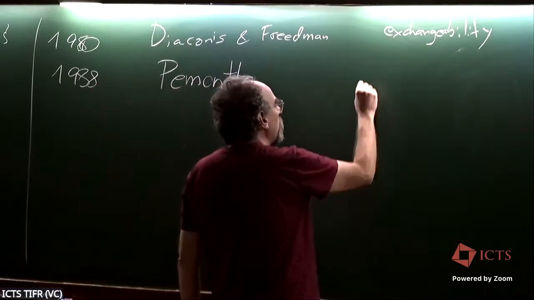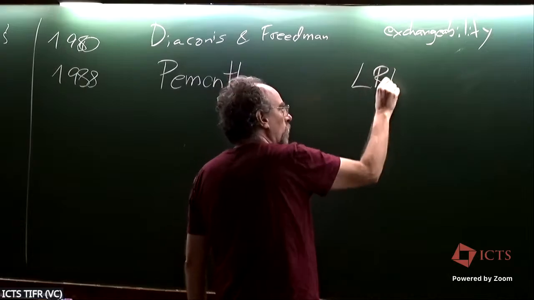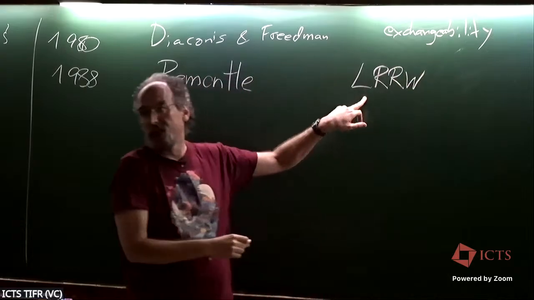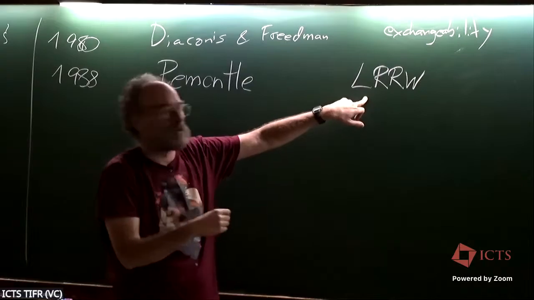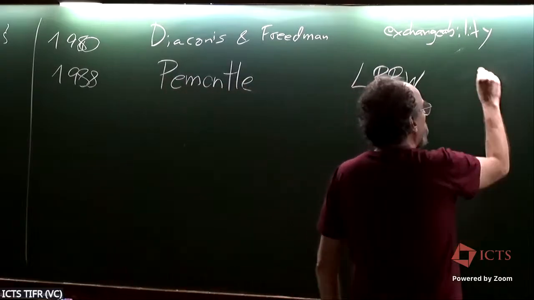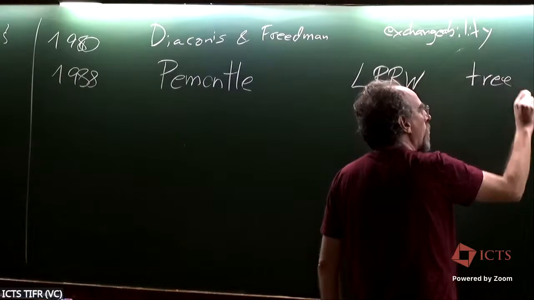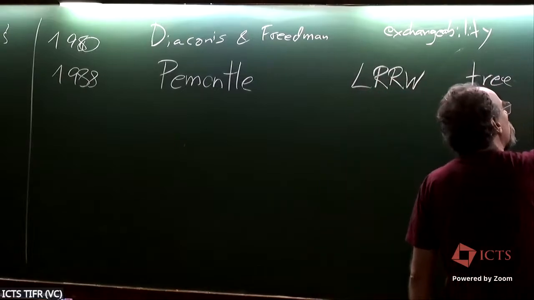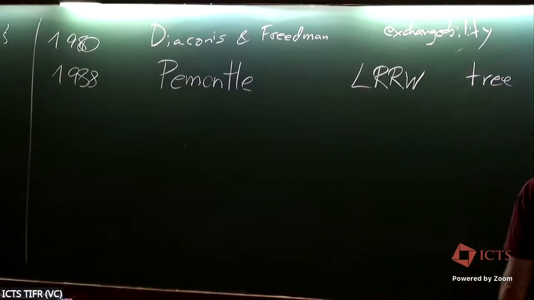And what he did was the linearly reinforced random walk on a tree. I will always use these abbreviations, linearly and once, so get used to them. And he showed a phase transition. So you are probably wondering in which parameter.